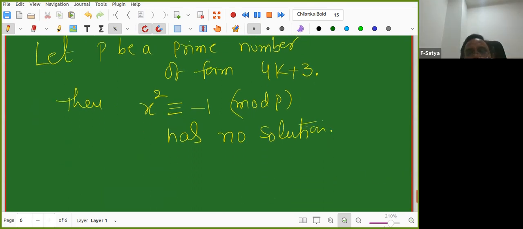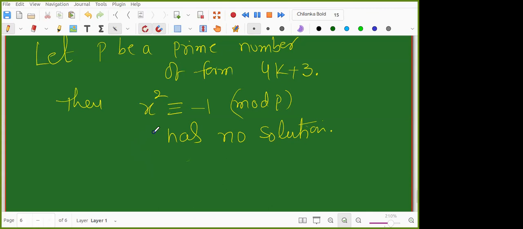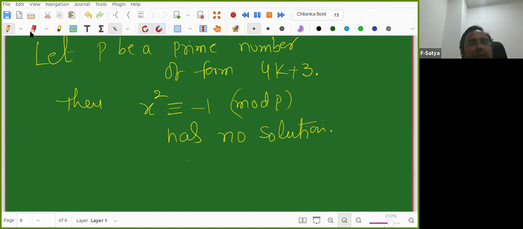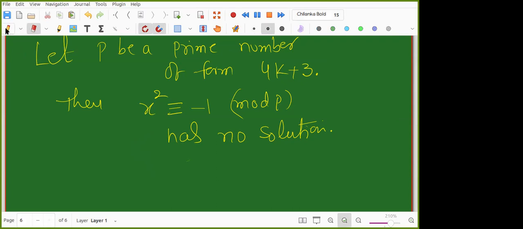Okay, but how do you prove this one? Raise both sides to the power p minus 1 by 2.